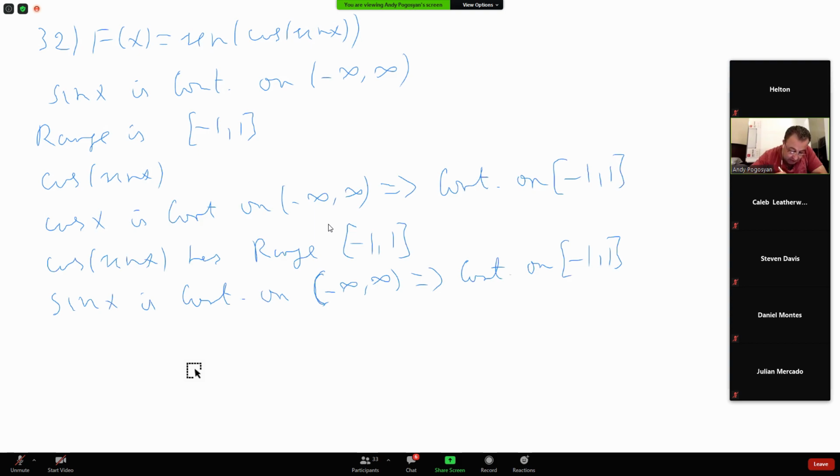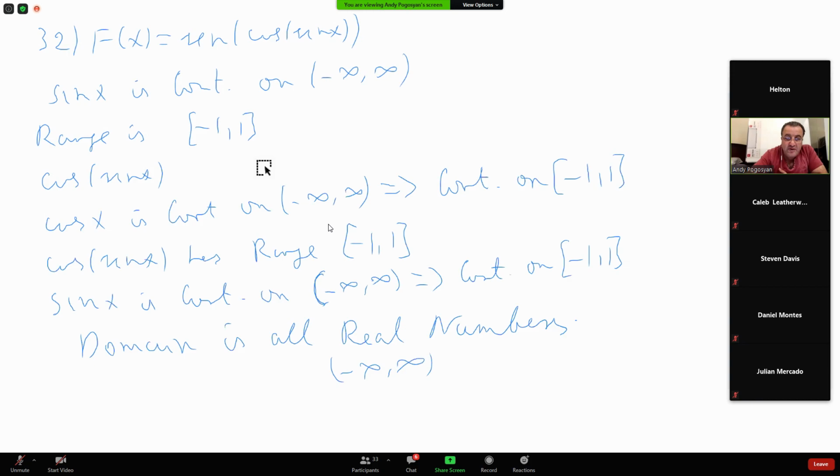The domain is all real numbers, negative infinity to infinity. So a composition of continuous functions will be continuous. Not much to do here.